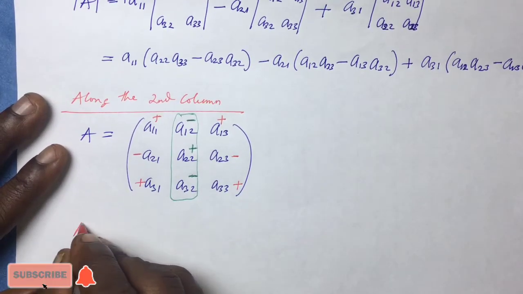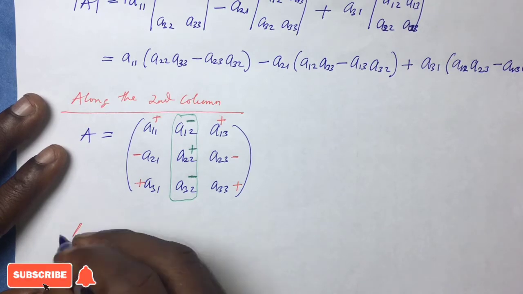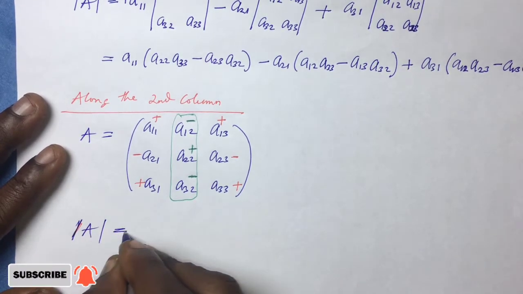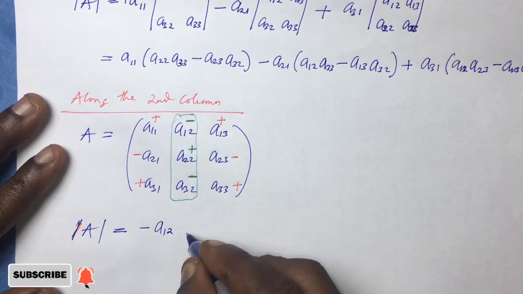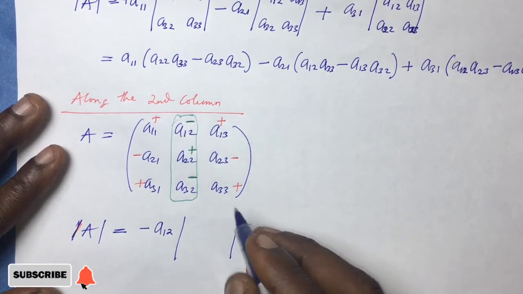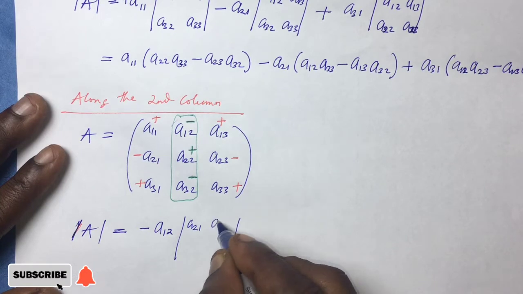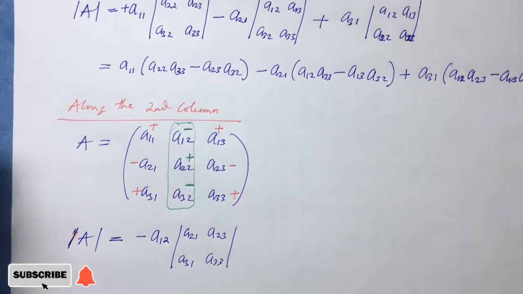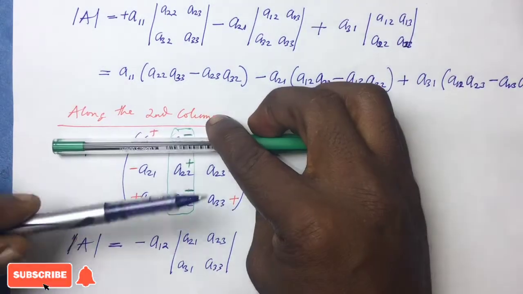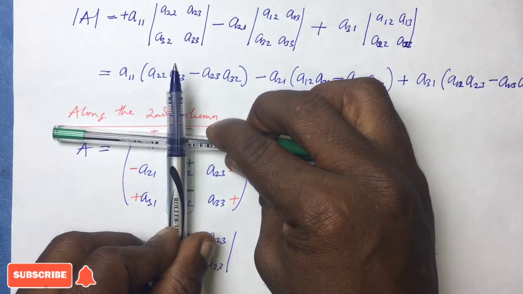The determinant of A will now be: take the first element, minus A12, take its minor. Its minor will be A21, A23, A31, A33. Now notice again the minor of that element.